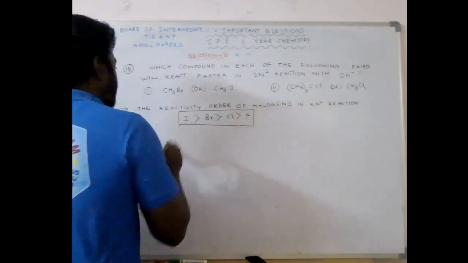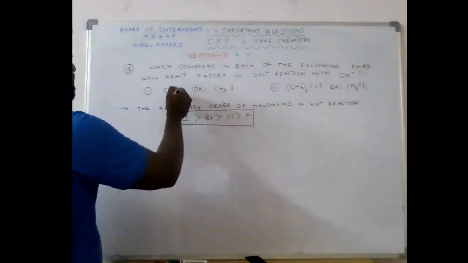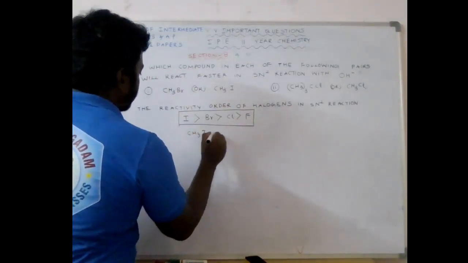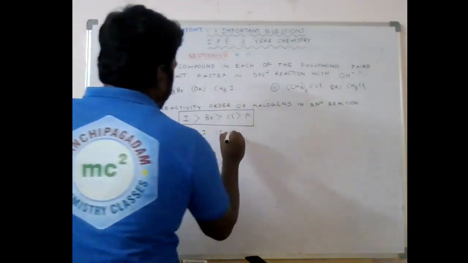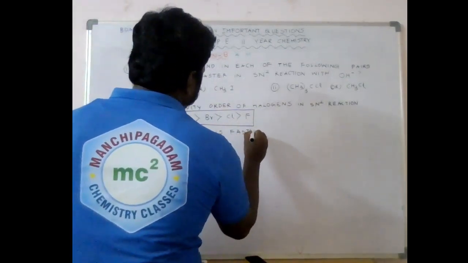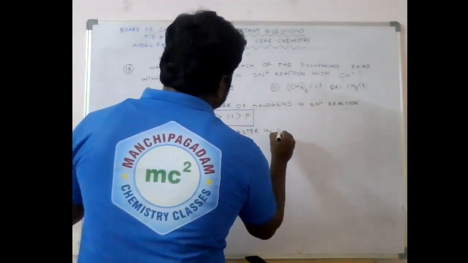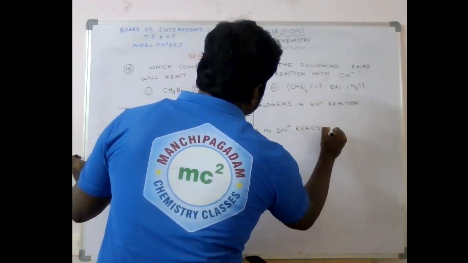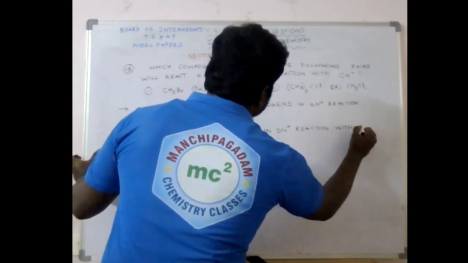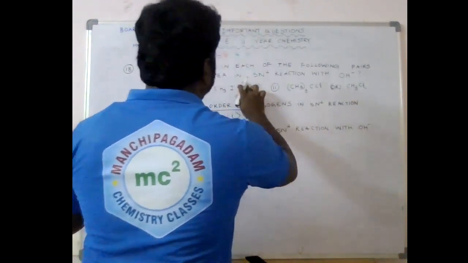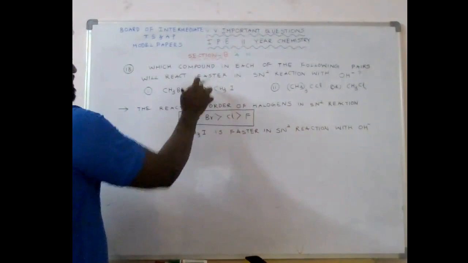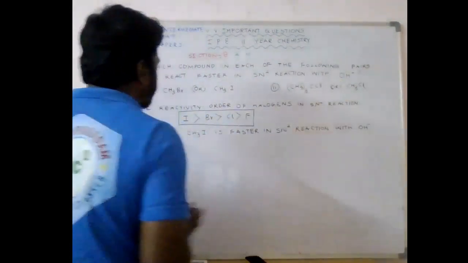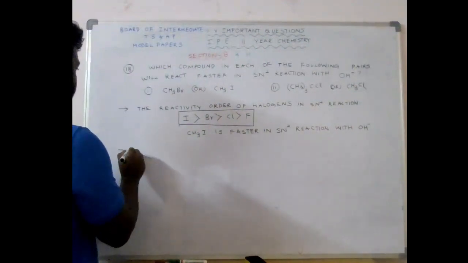So in SN2 reaction, the reactivity order of halogen is this, means in this which one is faster? Therefore, CH3I is faster in SN2 reaction with OH minus. This I wrote. CH3I is faster in SN2 reaction with OH minus. Right? Half of the answer completed.